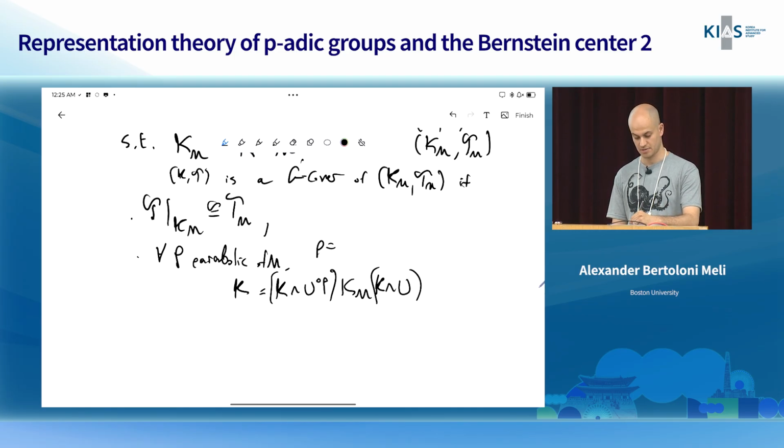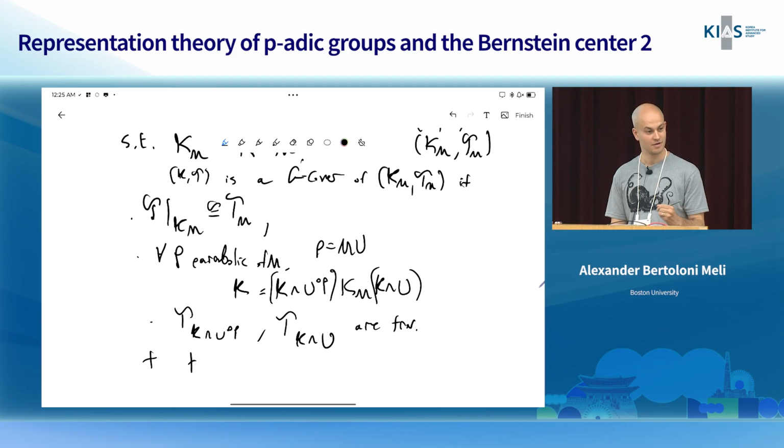So P is, again, this is like the Levi decomposition. And then also we need that these restrictions are trivial.